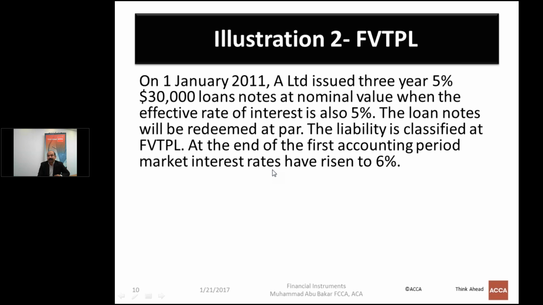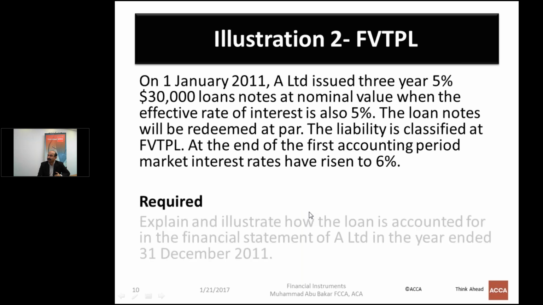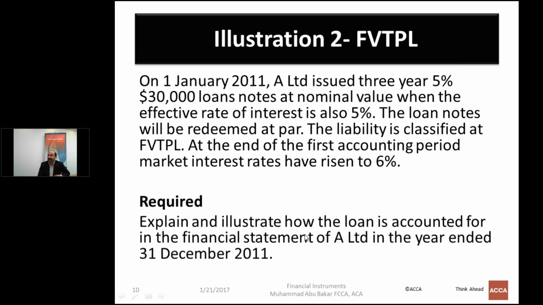The liability is classified at fair value through profit and loss. At the end of the first accounting period, the market interest rate has risen to 6%. Required: explain and illustrate how the loan is accounted for in the financial statements of A Limited in the year ended 31st December 2011.